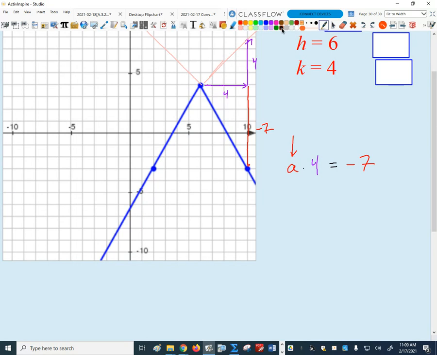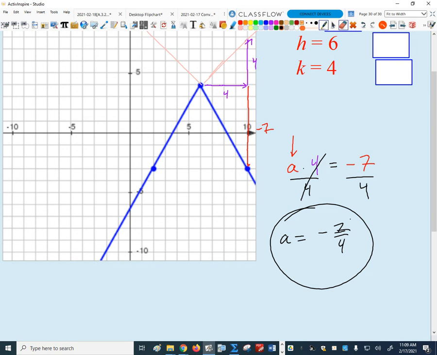If I divide each side through by 4, okay, I end up with A equals -7/4. Okay? You can't read that. That's a terrible 7. This darn pen. -7/4. Let's see if that makes sense. So negative makes sense because it got flipped, it got reflected. 7/4. Well, that's a number a little bit bigger than 1, so it should have stretched it a little bit, which is what it did.